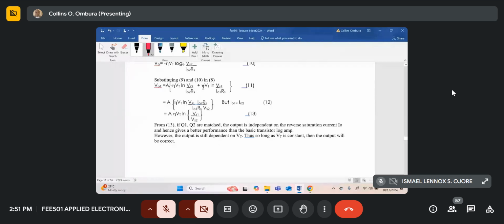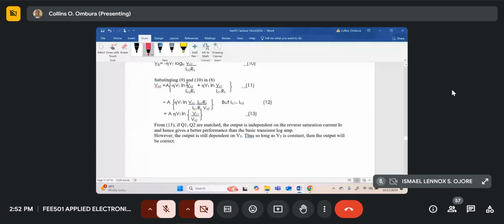So we can take neta VT common. And then whatever is in the natural log, if it is negative, we invert it. So if you do that, you'll get minus neta VT natural log. The first term is positive, which is this natural log VS1 over I01.